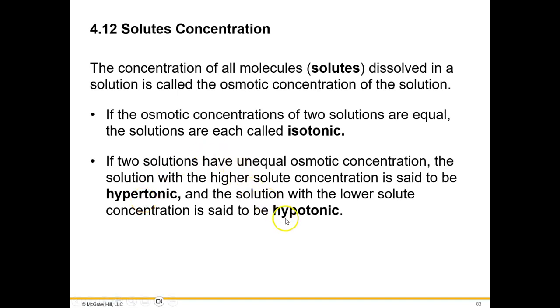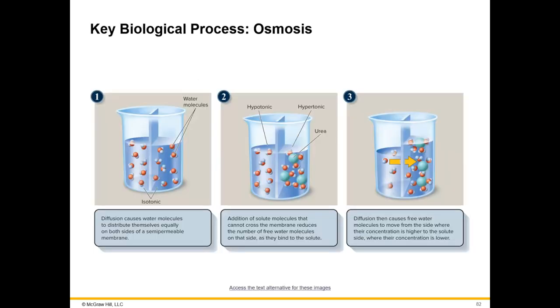And the solution with the lower solute concentration, like the side that had mostly water, is going to be called hypotonic. You could think of when you're hyperactive, you have a lot of energy. When you're hypertonic, you have a lot of solute. When you're hypotonic, you have less solute in an uneven distribution.